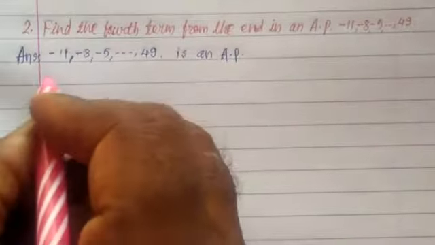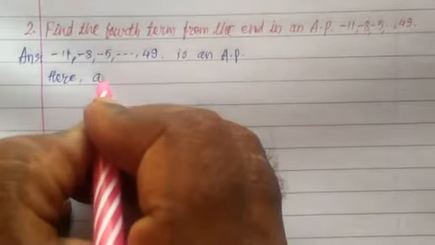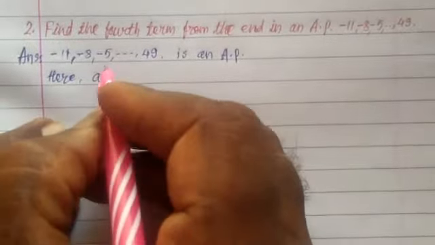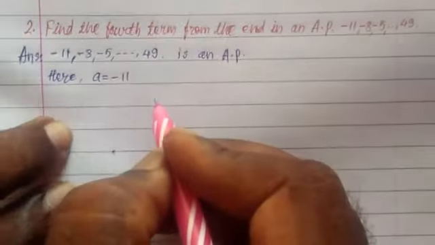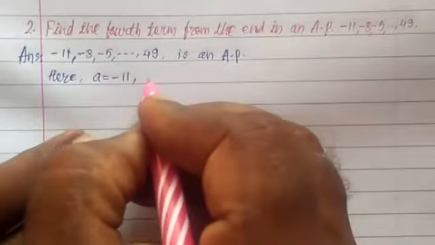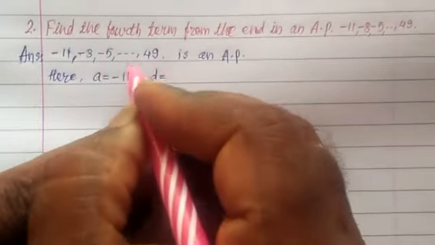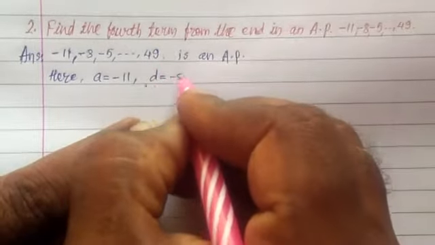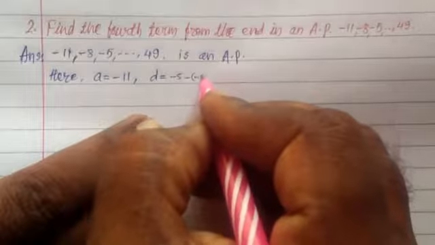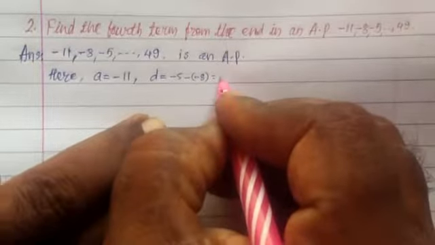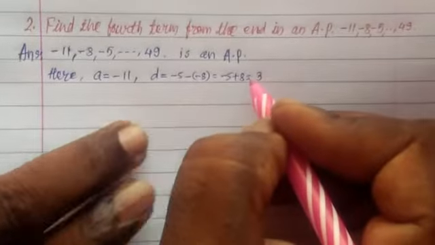Now here first term T1 means A is equal to -11. Then common difference, that is D is equal to, now here -8 minus -5 minus -8, which is equal to -5 plus 8, which is equal to 3.